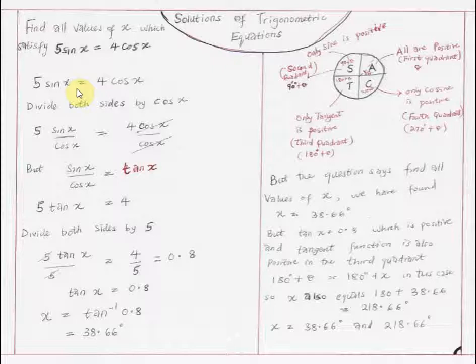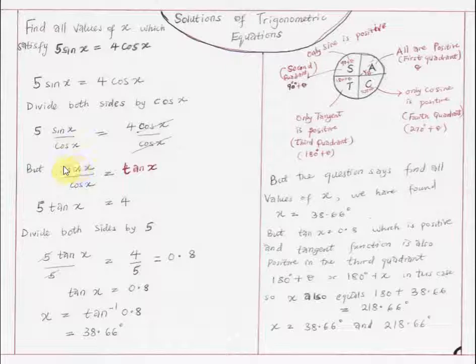So the first step to make things easy, we can divide both sides of this equation by cos x, because you see we have cos x here. If we divide both sides by cos x, we'll have 5 sine x over cos x equals 4 cos x over cos x. So cos x cancels out cos x, and then we have sine x over cos x.